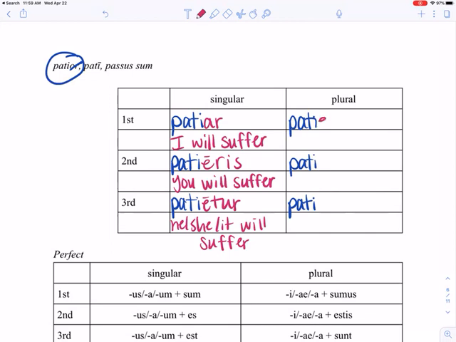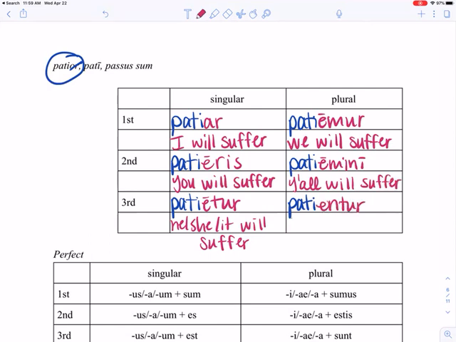First plural is going to be patiemor, and this is we will suffer. Second plural will be patiemini, and this is going to be y'all will suffer. And then we'll have patientor, they will suffer.